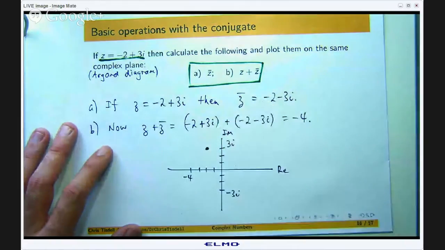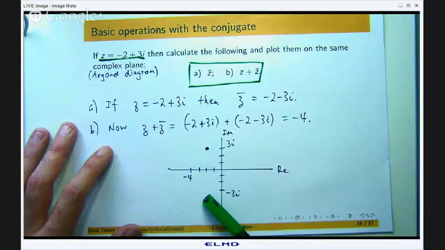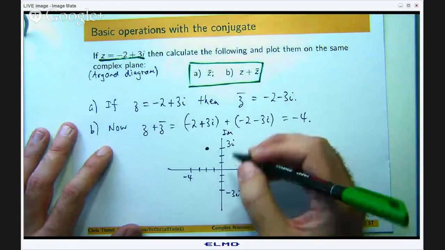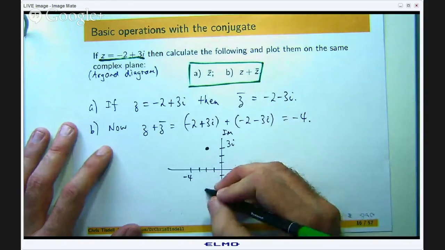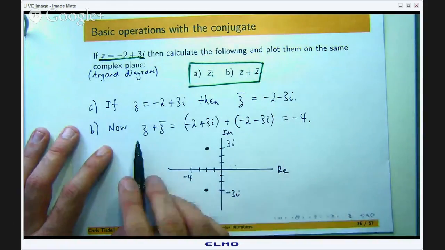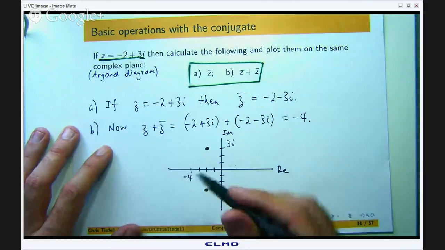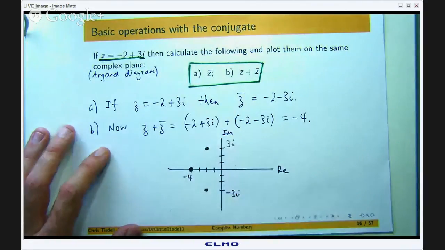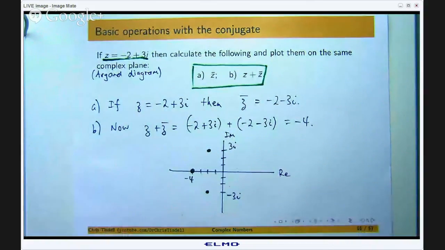That'll be z. To get z bar, I just reflect that in the horizontal axis. It's the same as going 2 units to the left and 3 units down. And lastly, z plus z bar is real, so it will lie on this horizontal axis, and we go 4 units to the left. Let me just label them, and we'll be done.